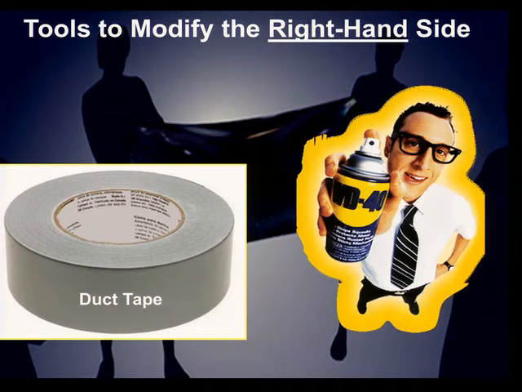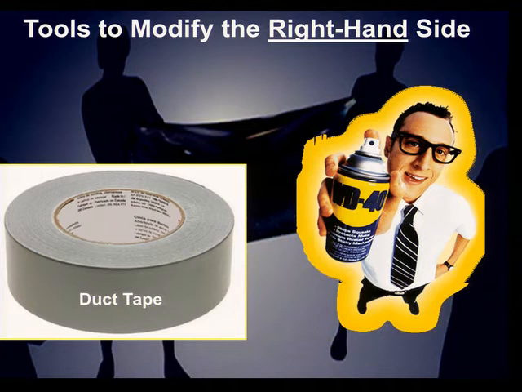With these 2 tools, you can fix anything. If something moves and it shouldn't, duct tape. If something doesn't move and it should, you squirt it with WD-40. That fixes anything.